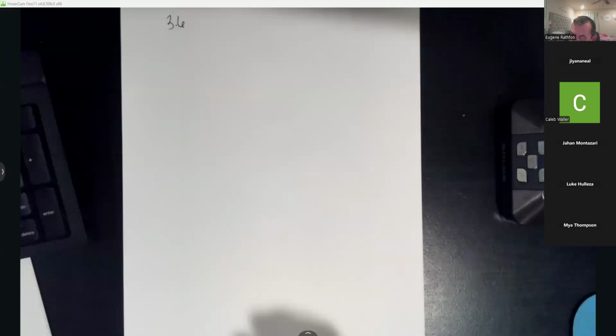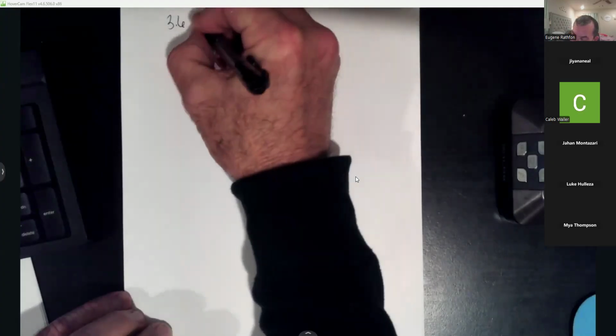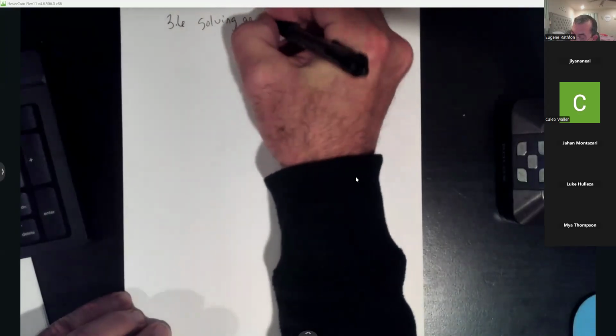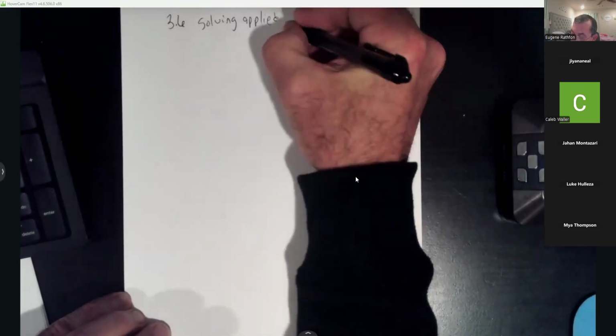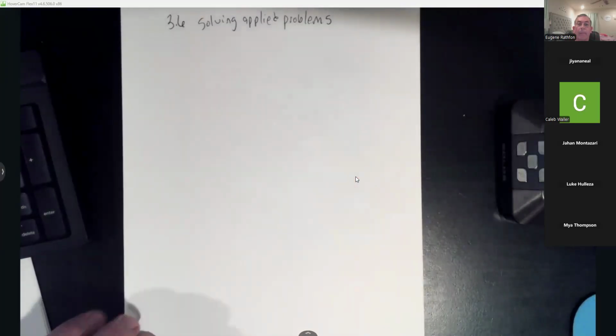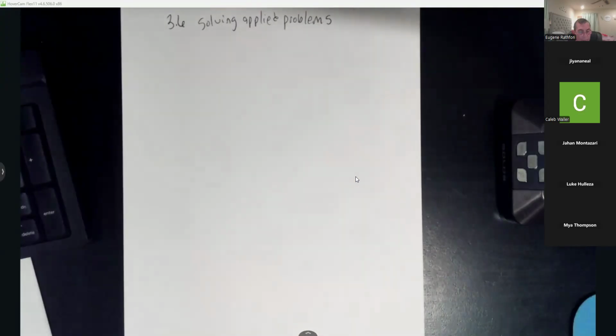All right, y'all. 3.6 is titled Solving Applied Problems. So like I said, it's a continuation of 3.5, except these are more word problems.